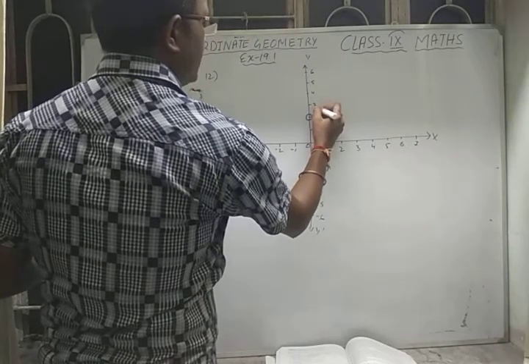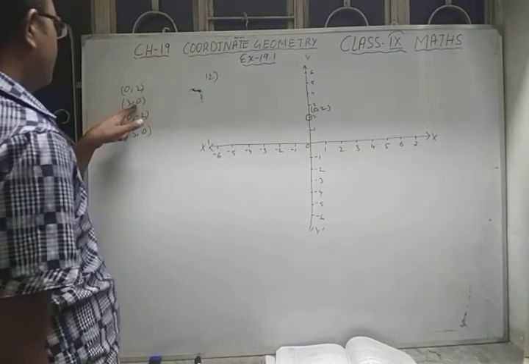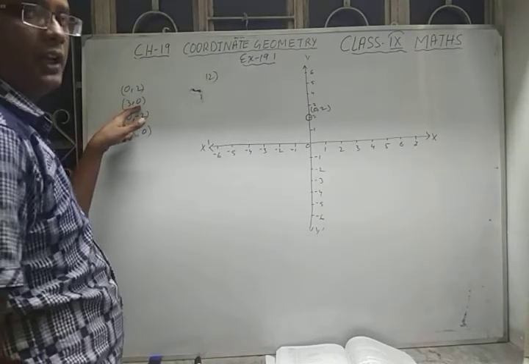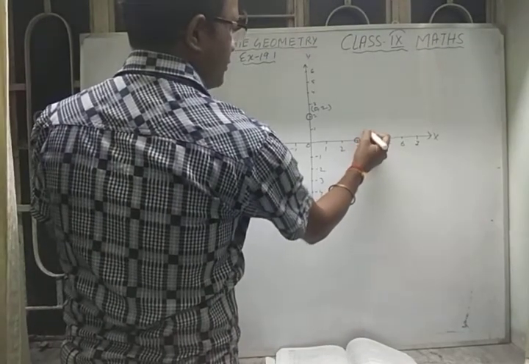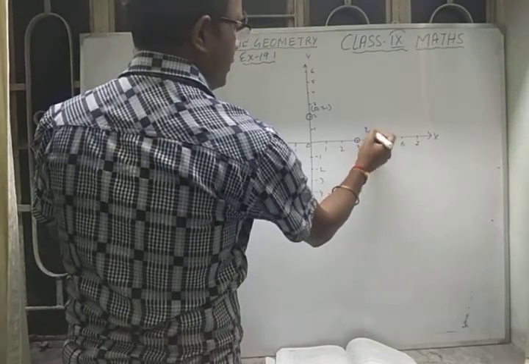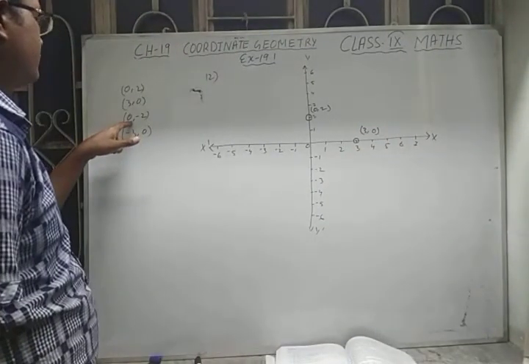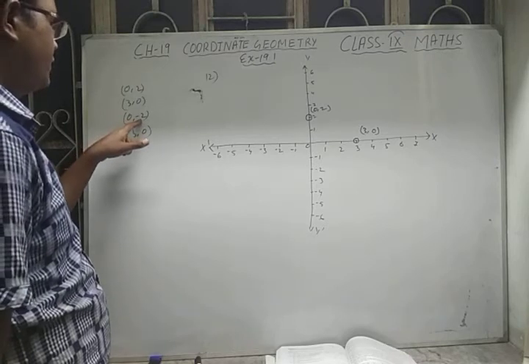It is (0, 2). Now the point (3, 0): x is 3, y is 0. That means it will lie on the x-axis. So 3 is here, it will be (3, 0). The next point is (0, -2). x is 0, y is -2.